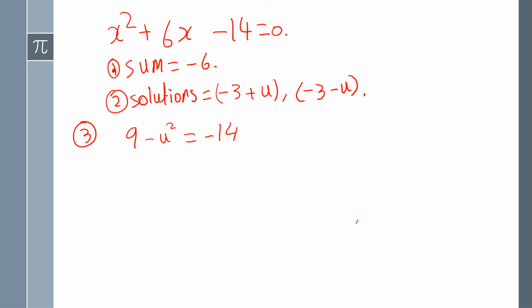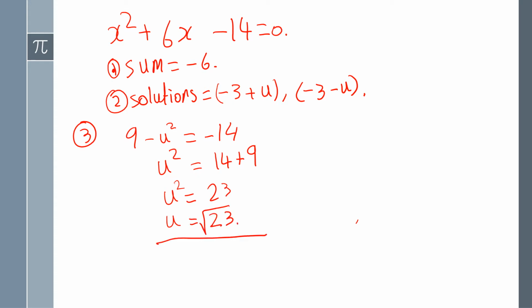Then you're going to end up with u squared equal to 14 plus 9. So u squared is going to be 23, and u is going to be the square root of 23. Then after this, you found u, but you didn't find x, which is the solutions. So then you're just going to substitute u into the two solutions.